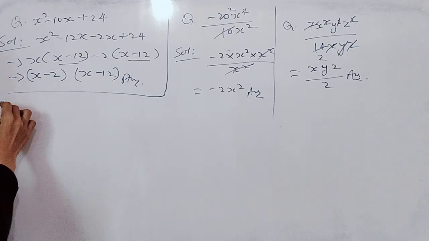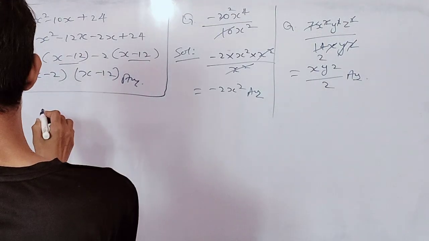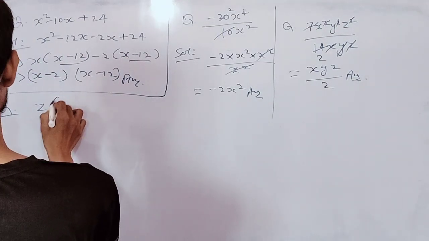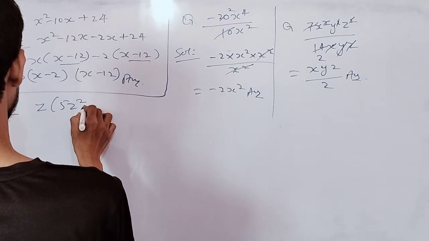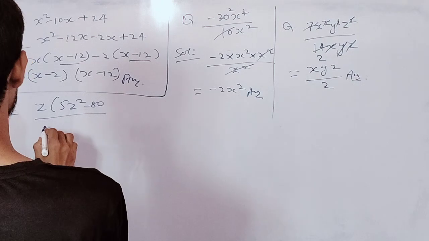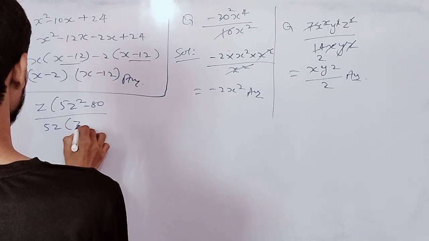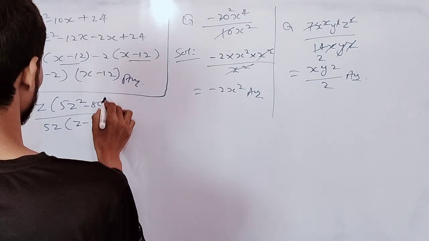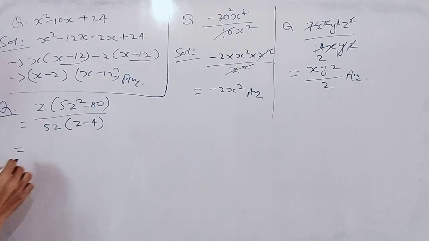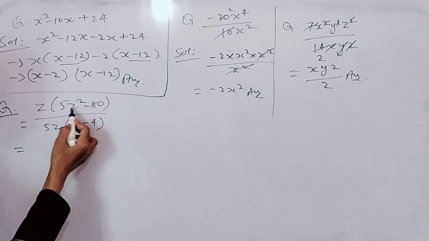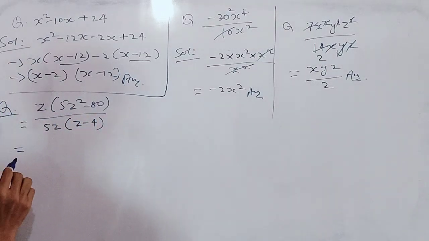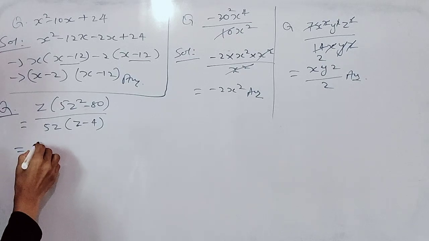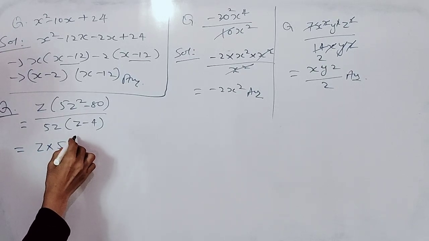Now next question. You have this question. Now here, in this we can take 5z as common. No, only 5 we can take as common. So z multiplied by 5. Clear?